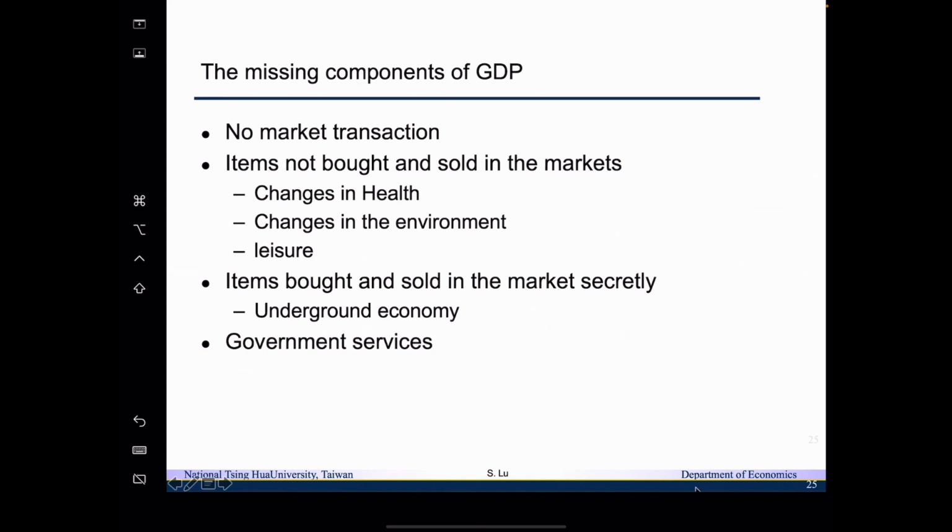To better understand the well-being of a nation, we need not only to look at the GDP but also to take into account all the other factors. But anyway, GDP is not too bad a way to measure the living standard of a nation, though we admit that there are some missing components. And this completes the discussion related to GDP.